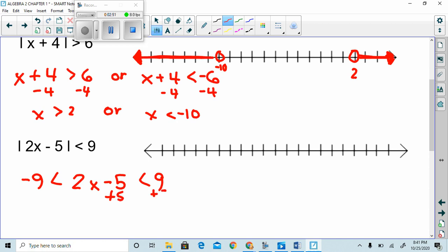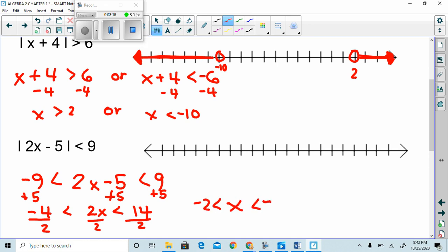Whatever I do in the center to isolate that variable, I must do on the left and the right. That'll give me negative 4 is less than 2x, which is less than 14. Let's divide everything by 2. And then I get negative 2 is less than x, which is less than 7.